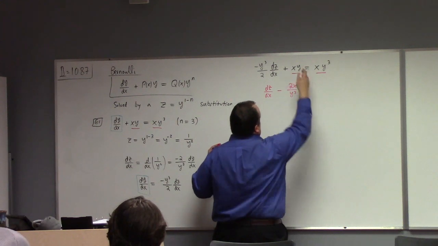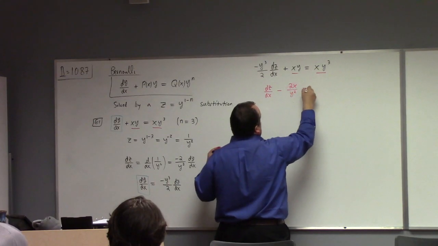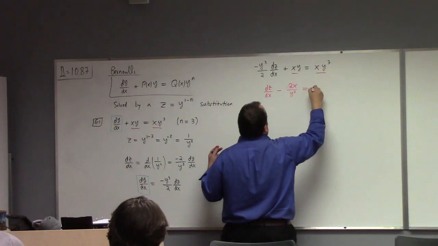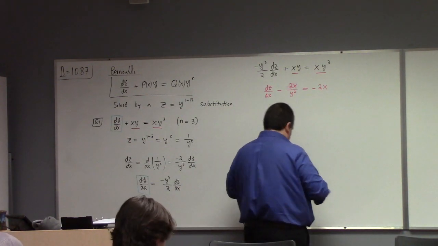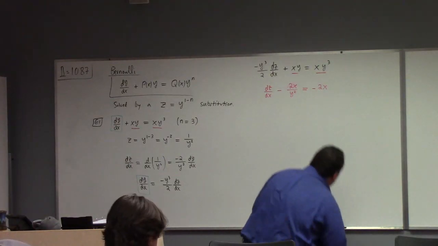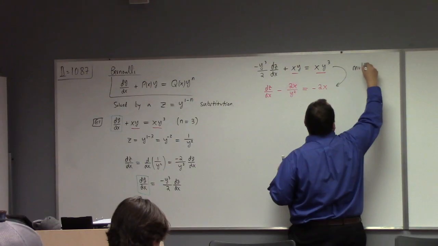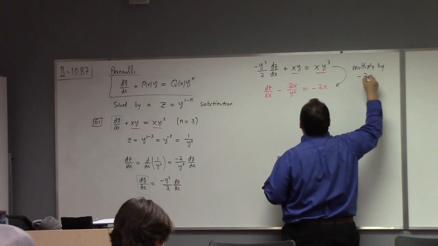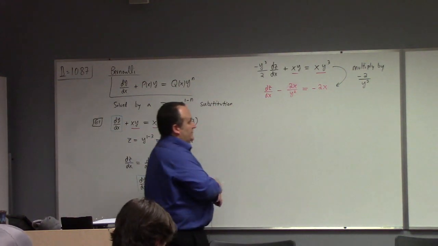What is that? y over y cubed is what? y squared equal to, oh look at that, just I think minus 2x, right? So going from here to here, multiply by minus 2 over y cubed, okay? And I did some simplifications while I was at it.